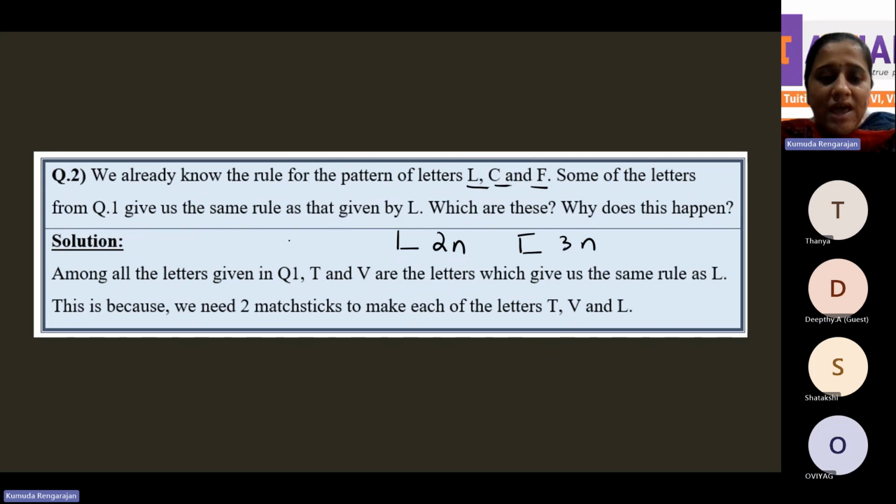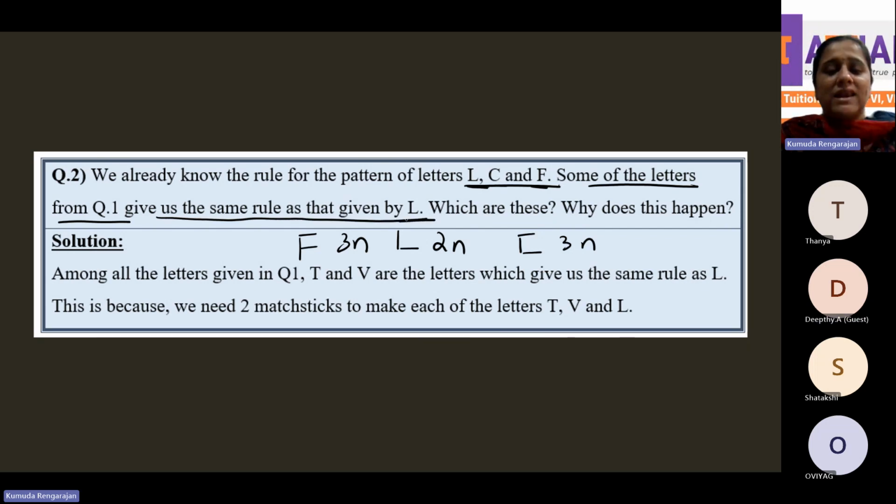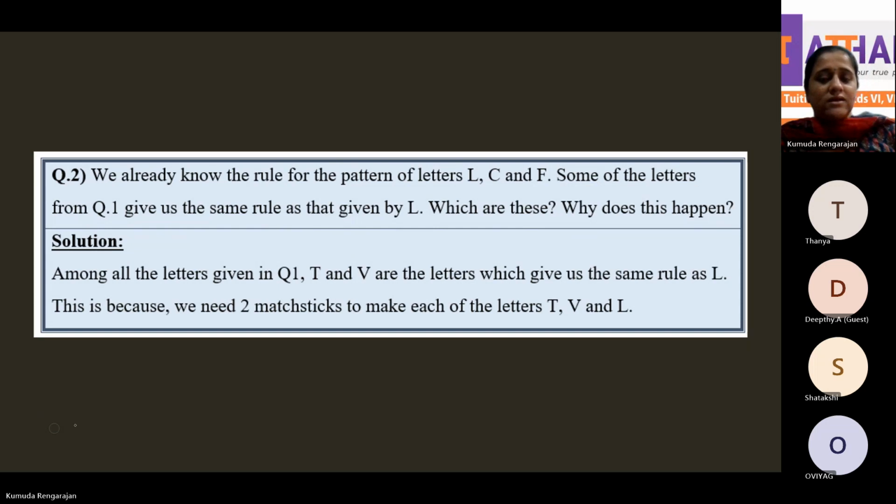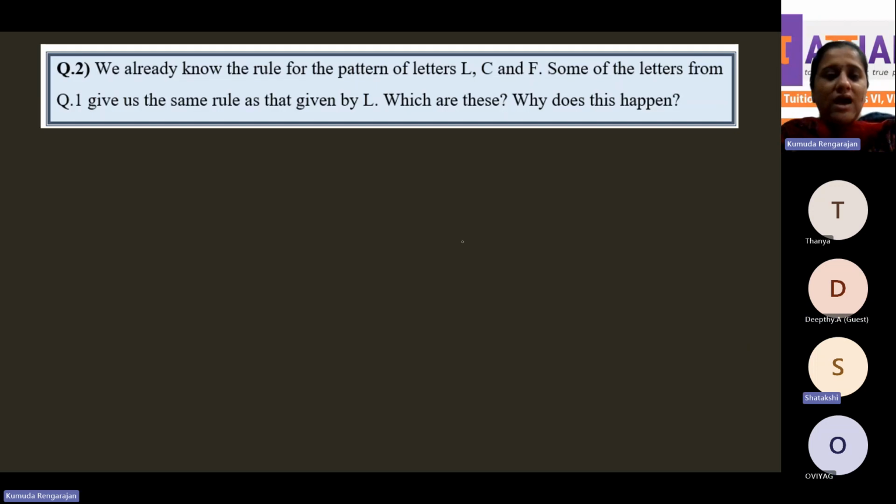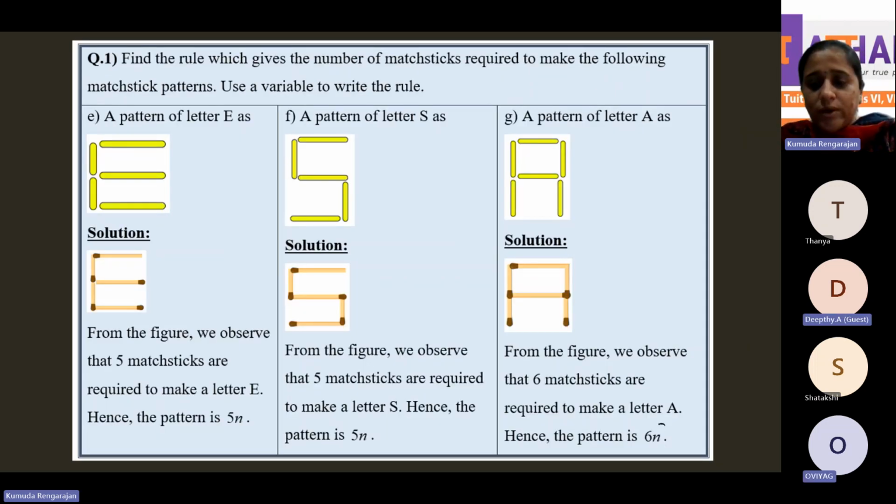What will be the rule for F? 1, 2, 3, 3N. So you know these. Some of the letters from question number 1 give us the same rule as given by L. So L, what is the rule? 1, 2, 2N.